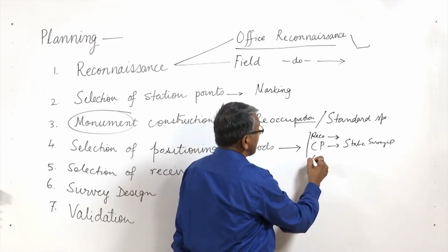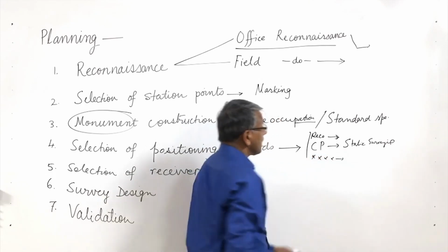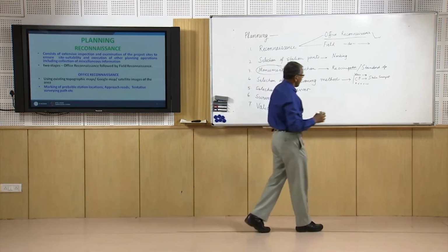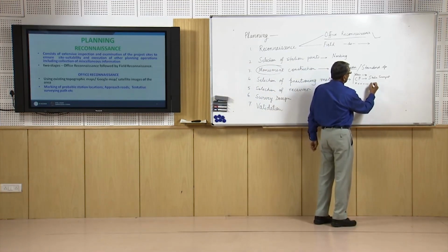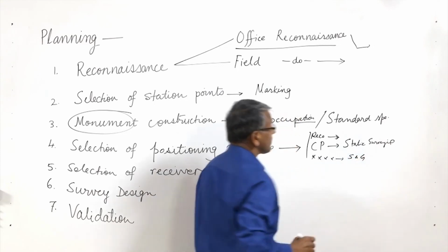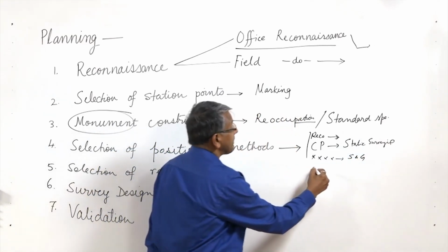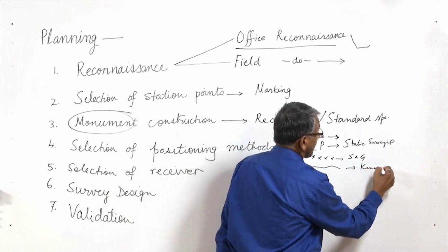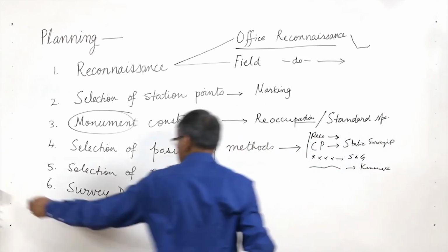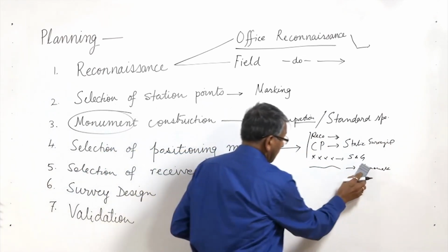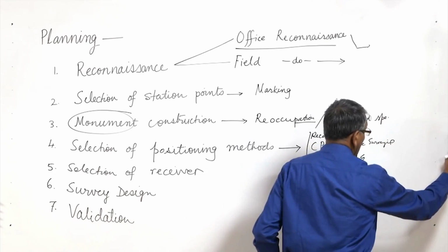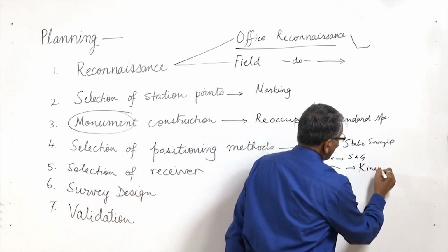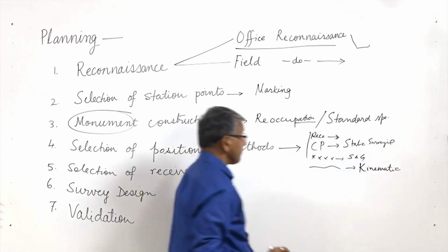If we are to plot defined point objects, then we should go for the stop and go method of surveying, and if we have a linear object, then we should go for kinematic positioning. So, depending upon what type of objects or what type of surveying we need to do, we should go for defined methods.